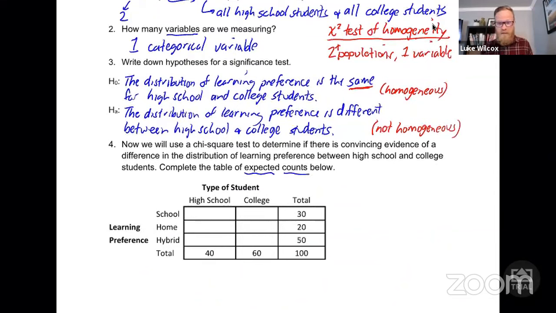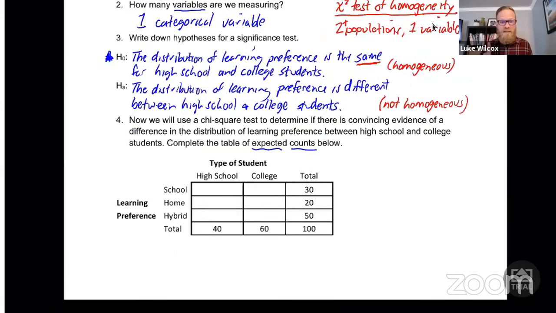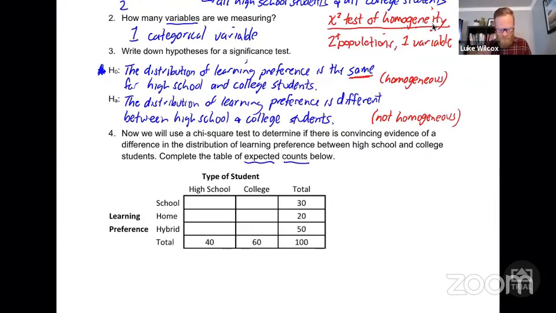And remember, the expected counts have to be calculated assuming the null hypothesis is true, which says that the distribution of learning preference is the same for high school and college students. That's going to help us figure out the values for these expected counts. So I'm going to start out with this expected value right here, just that one number, which would be the high school students who say that they preferred learning at school.